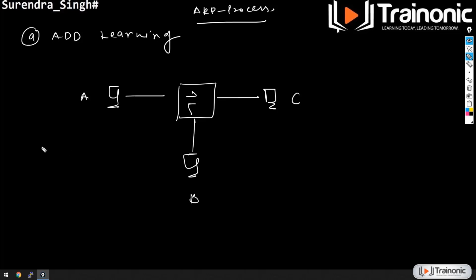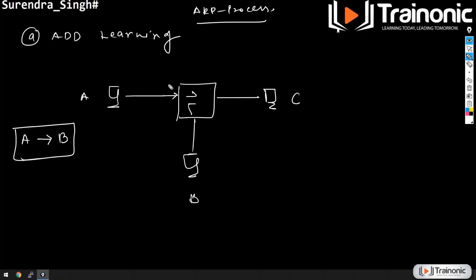Now what will happen? Let's assume that the frame is generated at device A and it is going towards device B. The device A is going to generate the frame. It is going to place that frame on the physical media. When the physical media transmits, that frame will be received on the particular switch port, the port of the switch to which this device is connected.